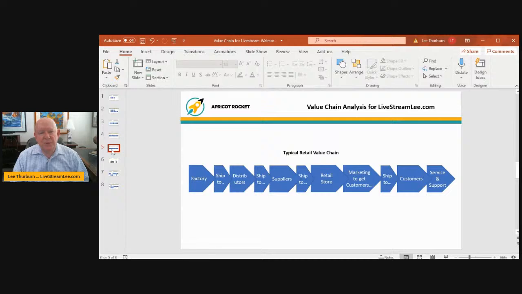However, if you have a company where you are selling products, if you have more than, say, 20, 30 or more employees, you have a value chain of some significance. And the larger your business, the more significant your value chain is.